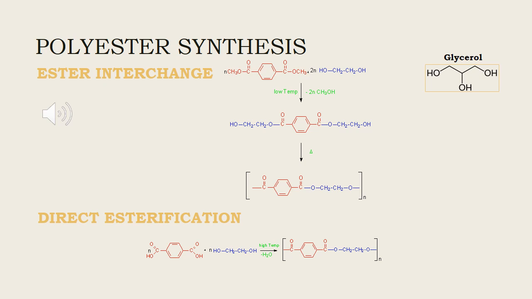Monomers are dimethyl terephthalate and ethylene glycol. The other way of preparing PET is direct esterification. Direct esterification of carboxylic acid with alcohol is one of the most fundamental reactions in organic chemistry and a widely used one-step atom-efficient method for ester synthesis. In this scheme, monomers are terephthalic acid and ethylene glycol.